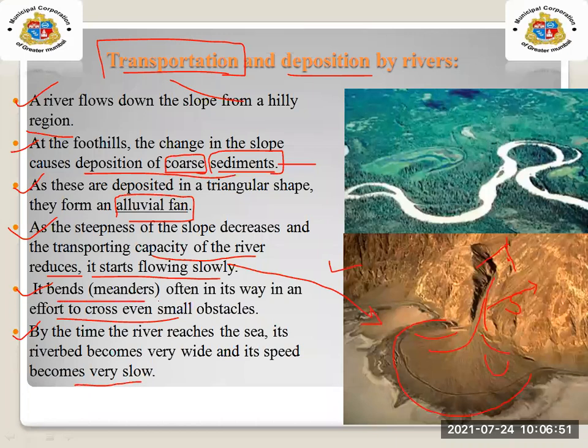Now to understand meanders, you have to see this image. What are meanders, students? When you are at the top of the mountain and you look down towards the land, you will see the river flowing like this. But at that time the river takes a turn like this.